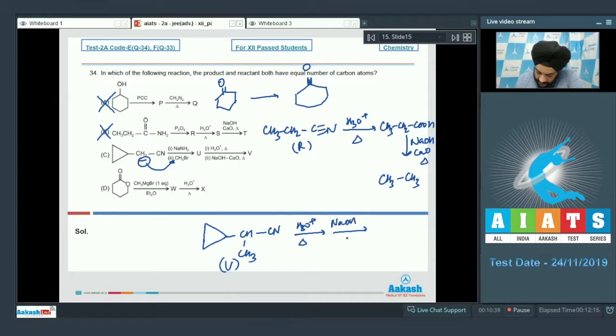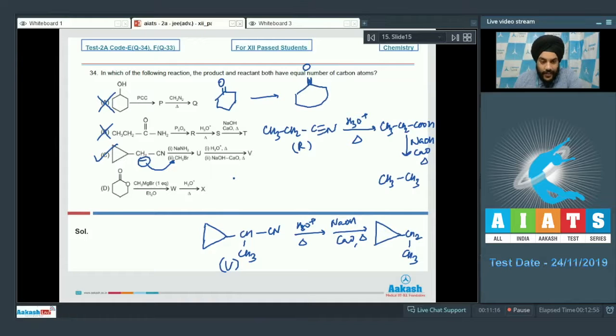So NaOH. Just like the previous step, students, the cyanide will be converted into the carboxylic acid, and then there will be decarboxylation happening, and then the final product which will be obtained is going to be this compound. So we can clearly see that this compound has the same number of carbon atoms as that taken initially. This is the correct reaction.